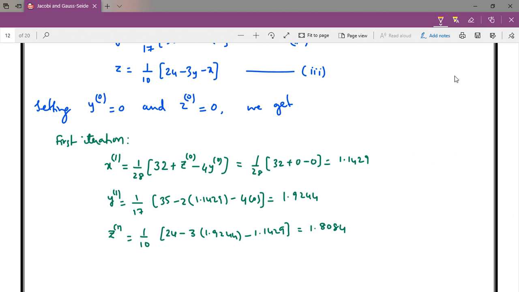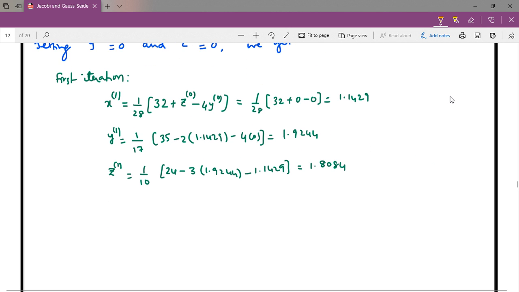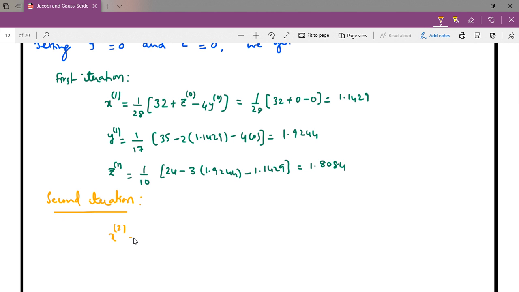Similarly, we now go for the second iteration. So for the second iteration, we are going to use again y1 and z1. So while finding x2, we are making use of y1 and z1.